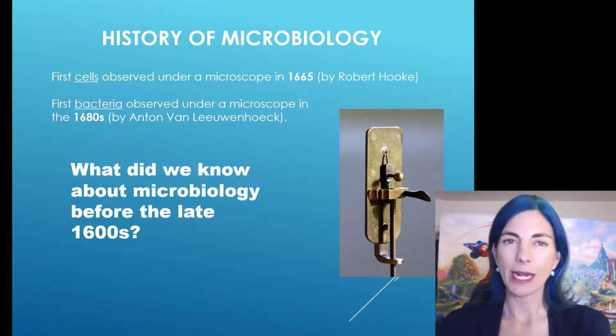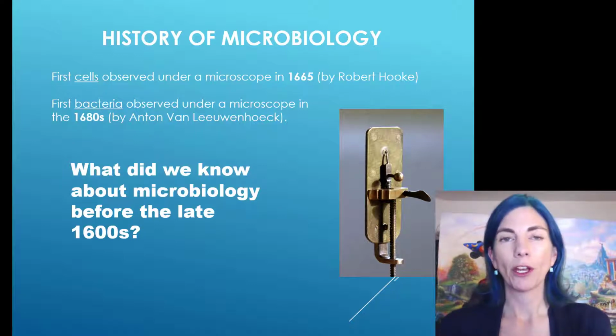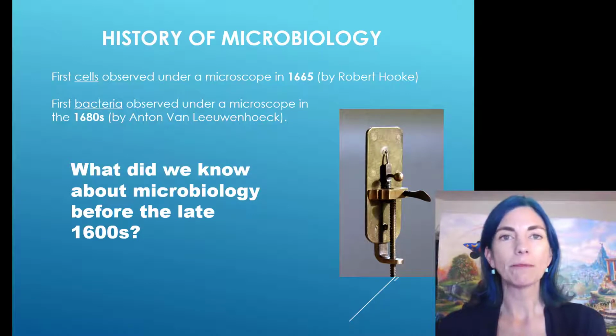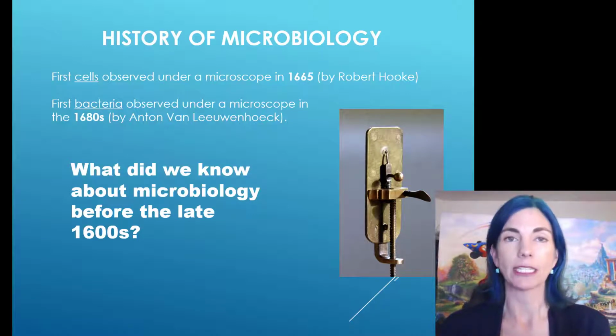So what did we know about microbiology before the invention of microscopes? Well, now that we know that infectious diseases are caused by microbes, we can turn to the annals of history and look at what people observed and knew about infectious diseases.